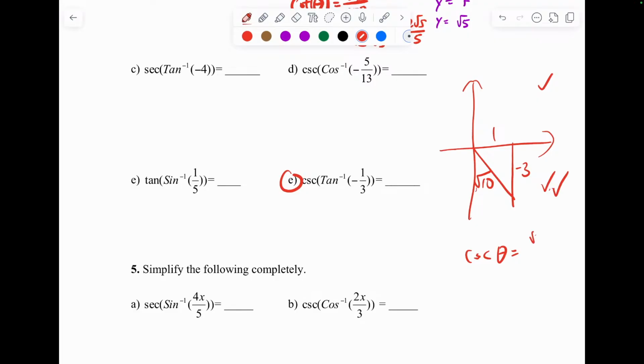The hypotenuse over opposite, right? So what's hypotenuse? Square root of 10. What's opposite? -3. Is that right? That's what you get? Miranda, did you get negative square root of 10 over 3?